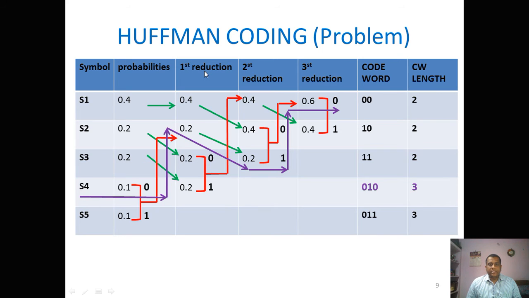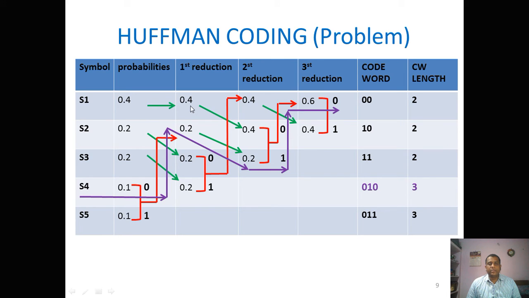Then we approach the first stage of reduction. Here 0.4 is not in the list of summing, so it is written as such. This is directed by a green arrow mark showing that it has no change.